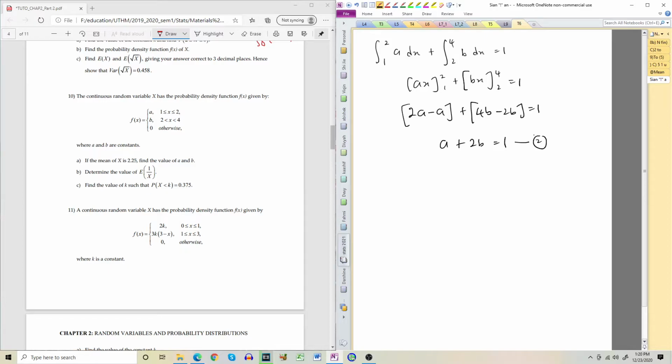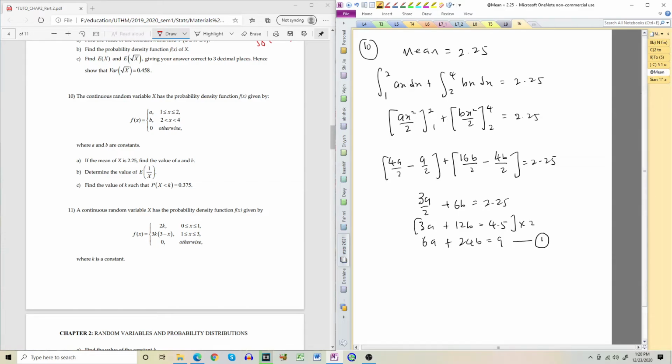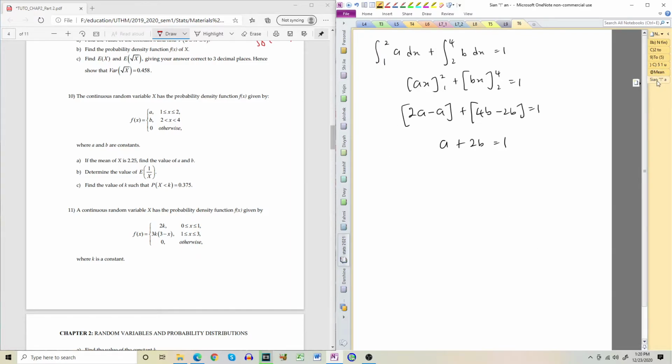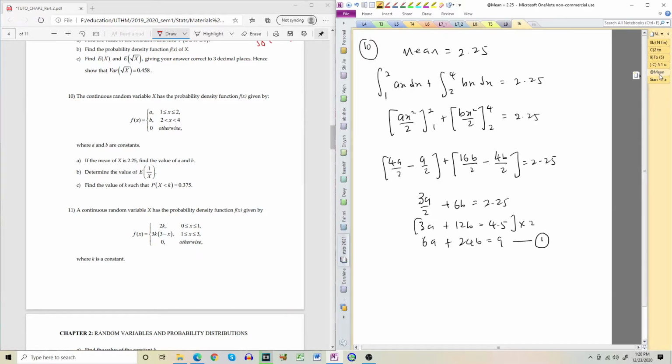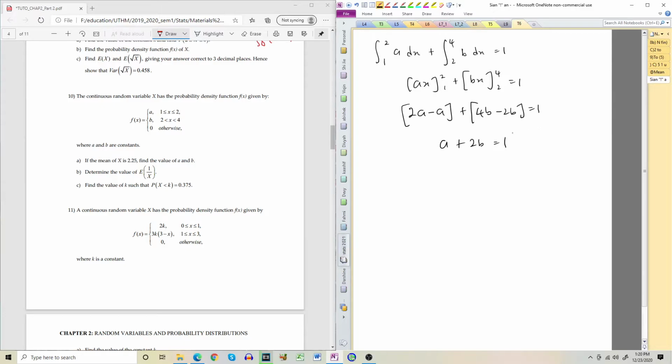So we take 1 and 2, try to solve it. Instead of putting this as second equation, my first equation, I have this. Which one I can eliminate? Okay, let's say I want to eliminate a, so I multiply by 6. So 6a, 6.